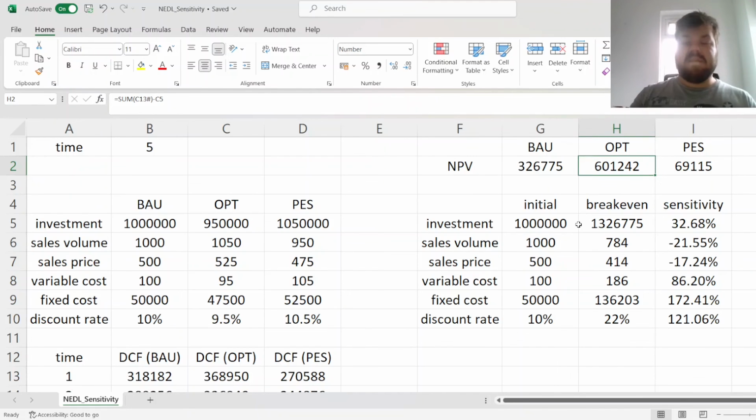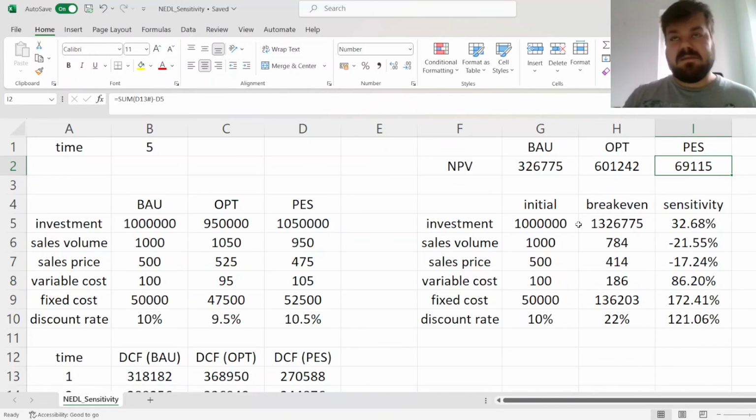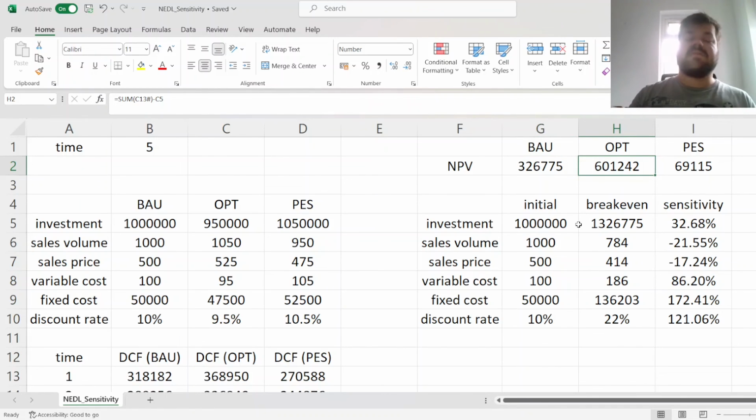And here we see that in the pessimistic scenario, where we have altered all of the inputs to be detrimental for the project's success, the net present value is still positive, which is a very good sign, meaning that the project is very resilient to changes in external conditions. Whereas in the optimistic scenario, the net present value of the project, unsurprisingly, nearly doubles to 600,000, which means that it does deliver more value, obviously, if the external conditions are more favorable.